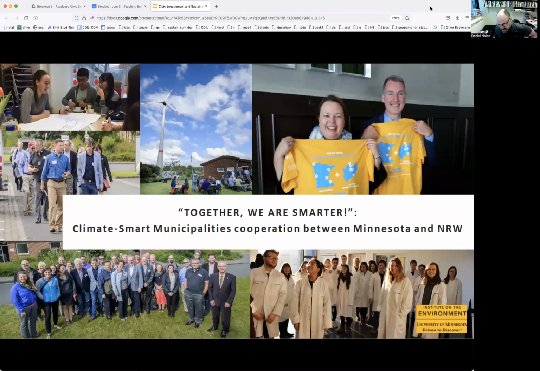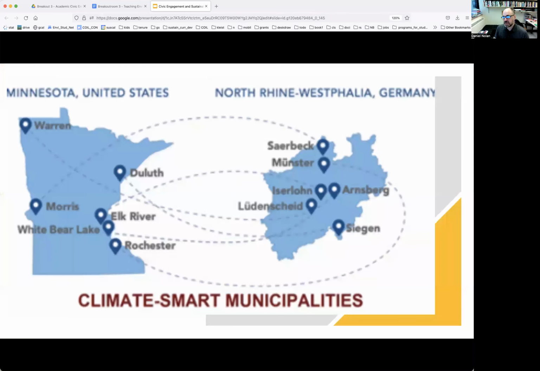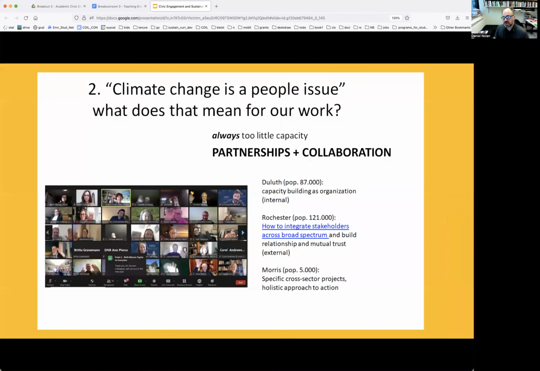And I'm very lucky to have this project happening in my state and engaging with my university, because it means I think I've had the best support one could wish for, and I'm truly thankful for that. And here's another slide that shows us the cities that are involved in this exchange, and one more slide that I borrowed from Sabine Engel with a great quote that I'm touching on here, which is that climate change is a people issue. It is primarily a people issue, and you see here we have a clip from the many Zoom meetings that we do together.